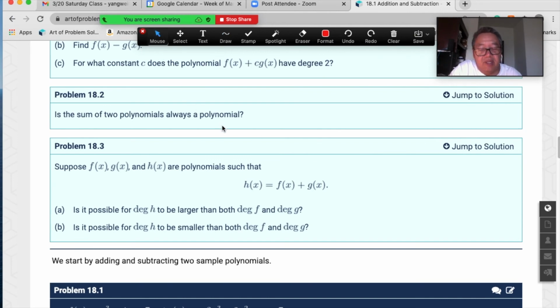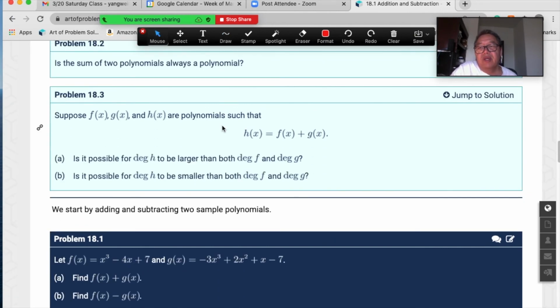Now let's see number 3. Suppose f(x), g(x), and h(x) are polynomials such that h(x) equals f(x) plus g(x). Is it possible for the degree of h to be larger than both the degree of f and g?